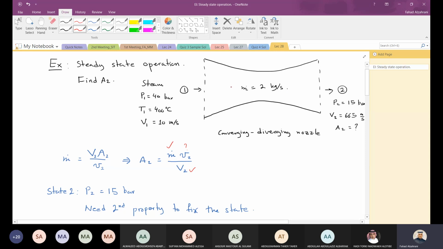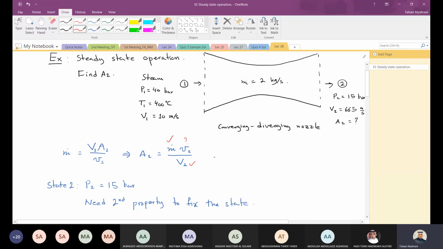I have one inlet, one exit, and this is steady state, so m dot 1 equals m dot 2. But what's the benefit? What can I benefit from it? You want to find the specific volume. So basically you're saying m dot 1 equals m dot 2, right?